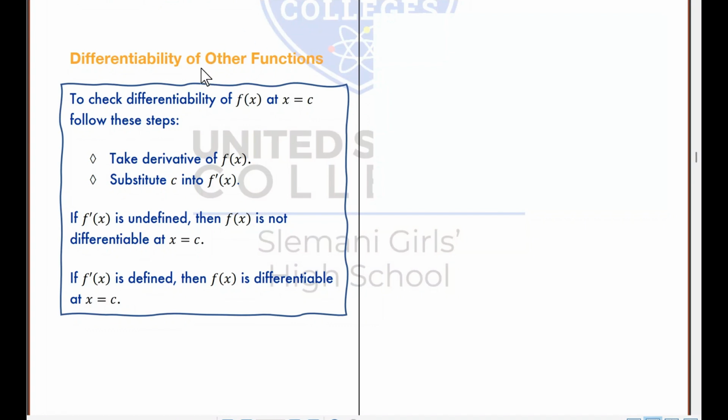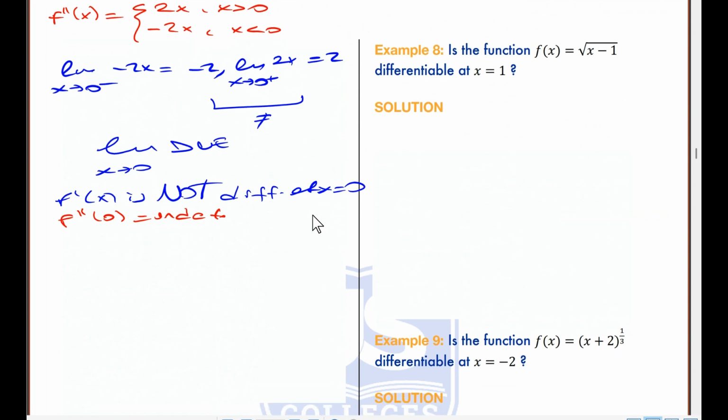As I mentioned at the beginning of the first video about this topic, if we can take the derivative of the function, don't bother using the other techniques. Just take the derivative and see if it is defined at that point. If not, it's not differentiable. If it is, it's differentiable. It's pretty simple. For this question, take its derivative immediately. F prime of x: the derivative of the square root function is the derivative of the inside divided by 2 square root of the same.